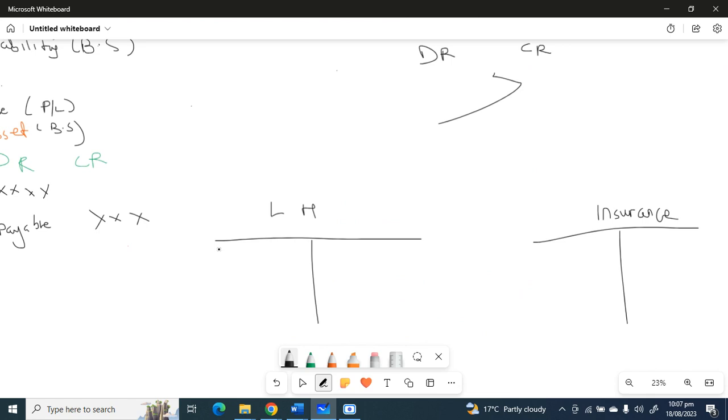What was the balance for lighting and heating? 1164, and then insurance 1464. So you open up the T accounts for both.